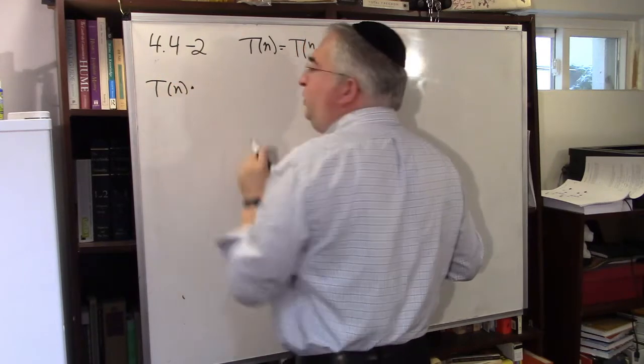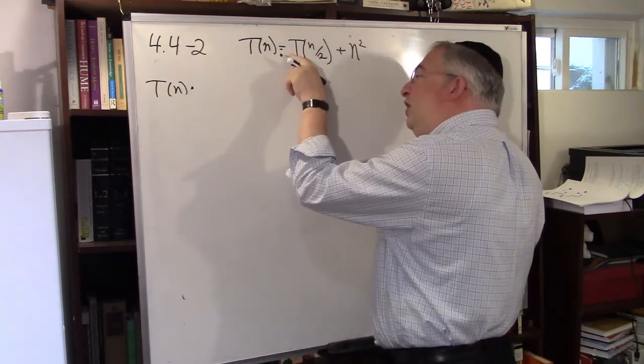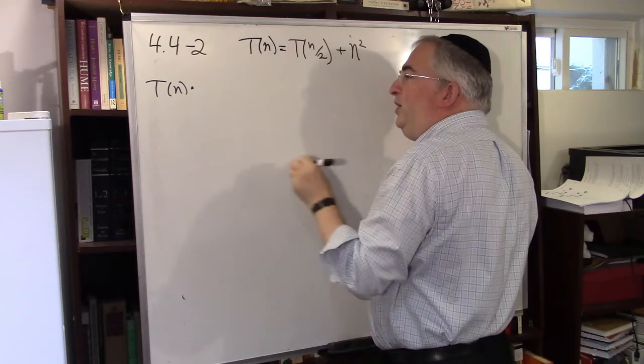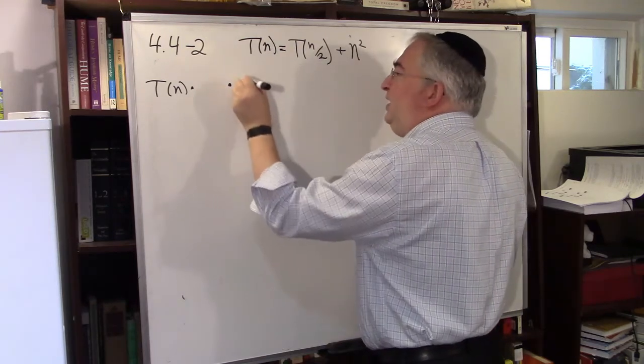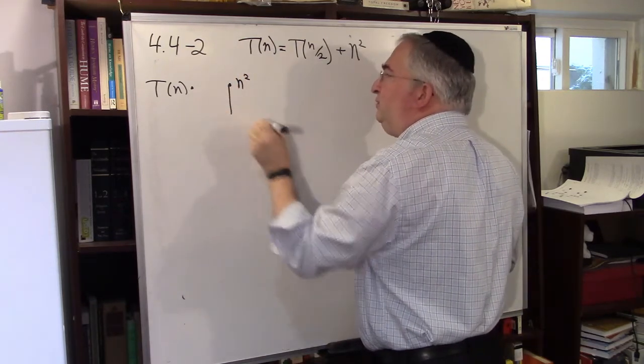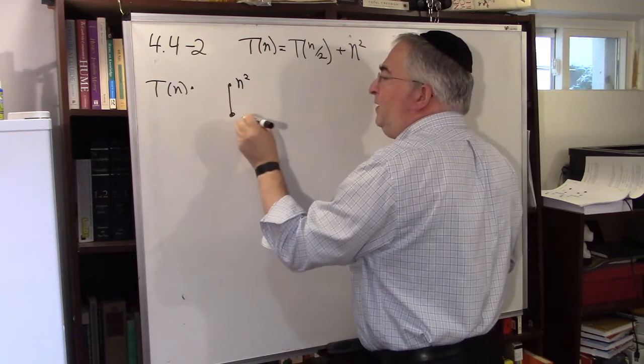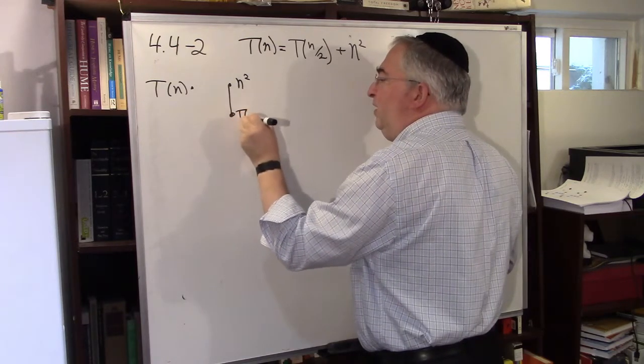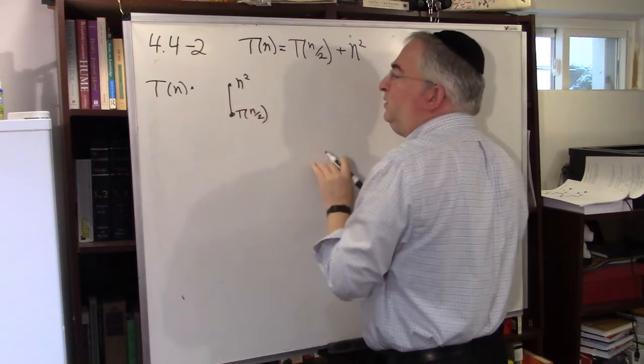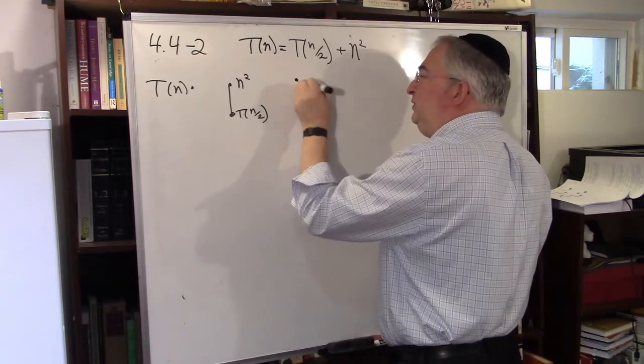First, a node with one thing. Then this tree is only going to have one node each time. So this becomes n squared, and this becomes T of n over 2. Okay, and we continue building this tree.